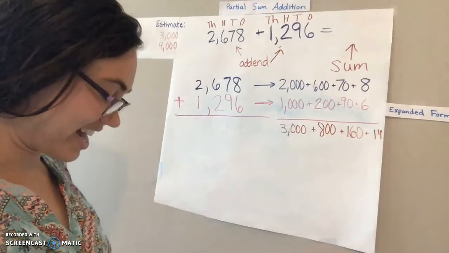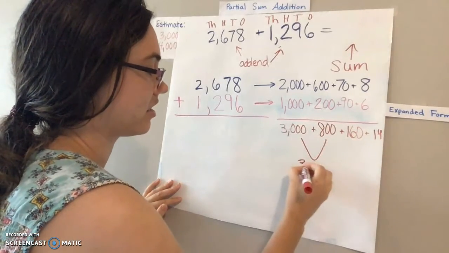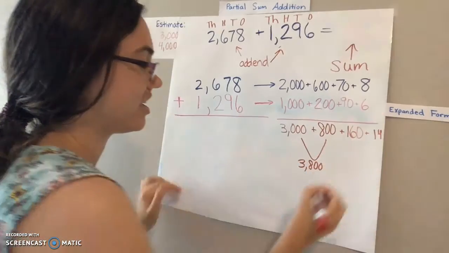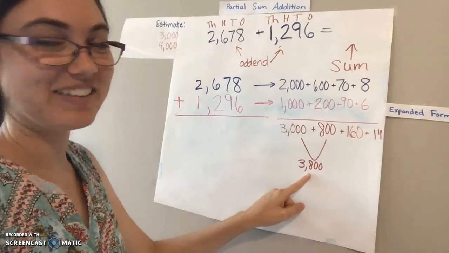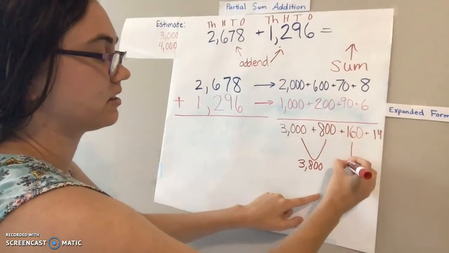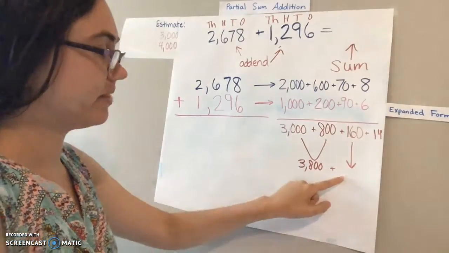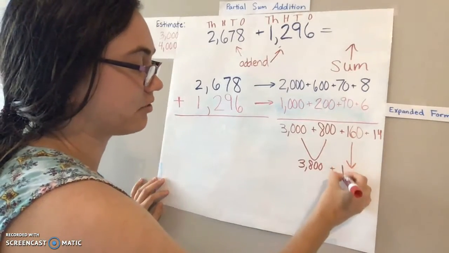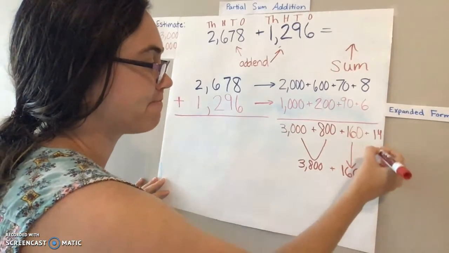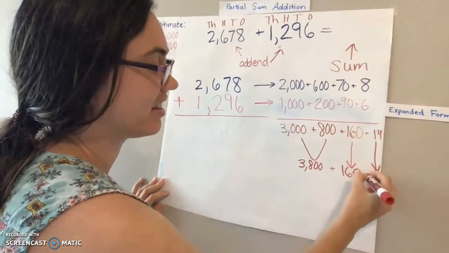3,000 plus 800 is 3,800 plus 160 is, well, maybe it would be simpler if we just brought 160 down. And then we remember we've got to add 14 as well.